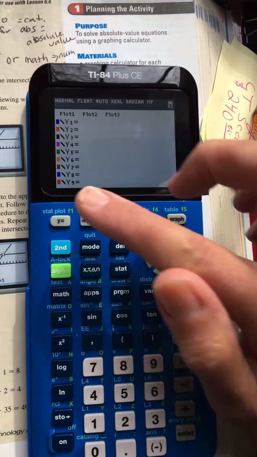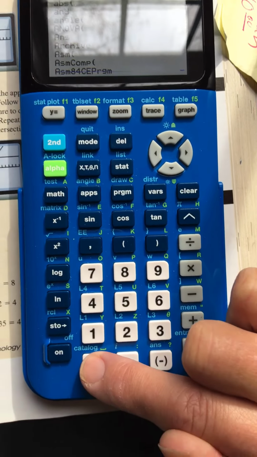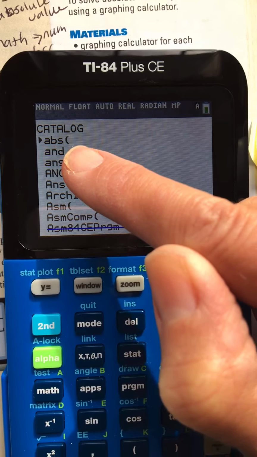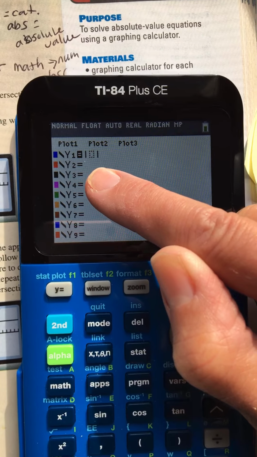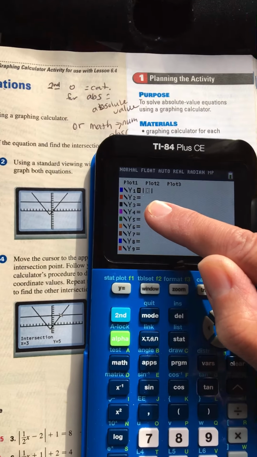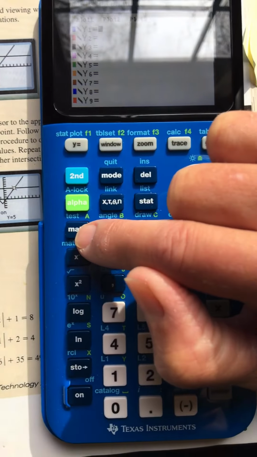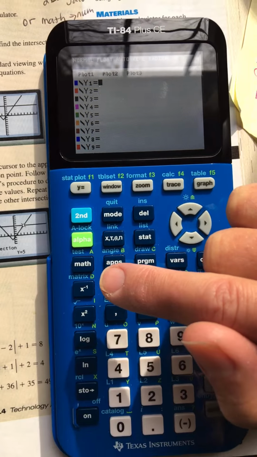One way is to go to second 0, the catalog, and the very first one says abs, which is absolute value. I select it, and it puts my absolute value bars right there. Now I'm going to clear it out and show you another way. Another way is to use the math button, which I think is ironic because aren't they all math?